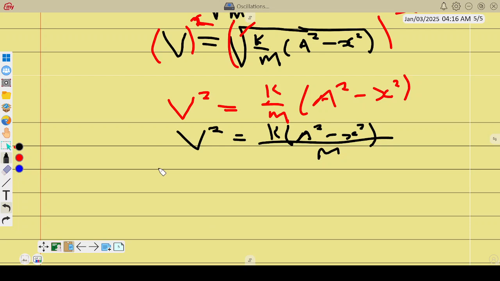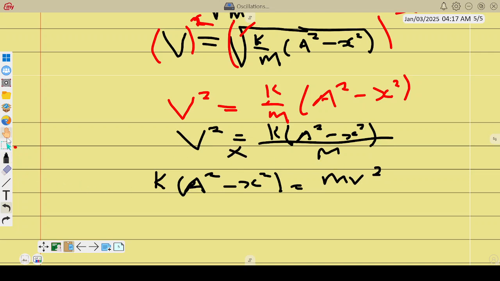You cross multiply, so k times a squared minus x squared is equal to m v squared.